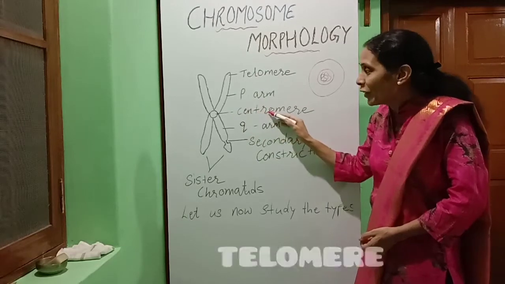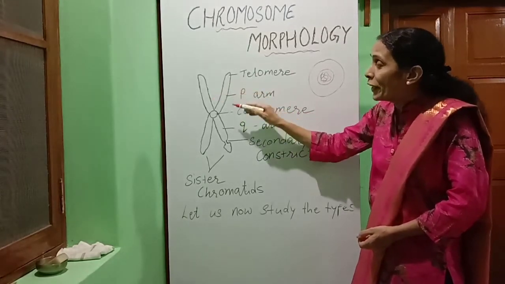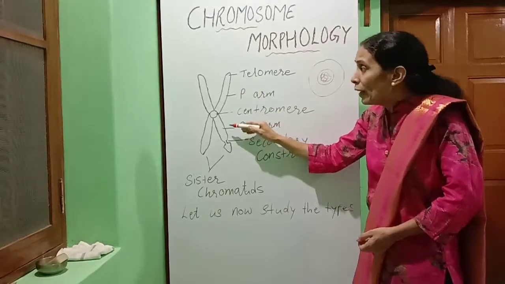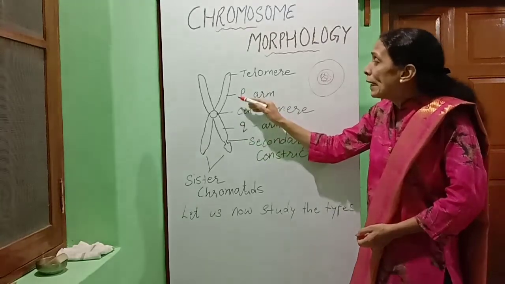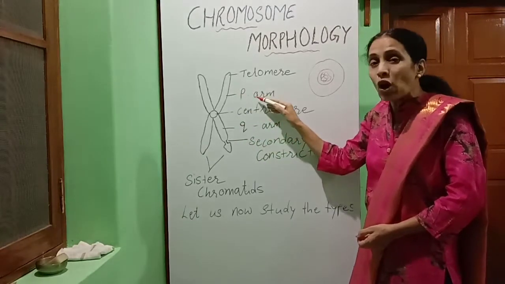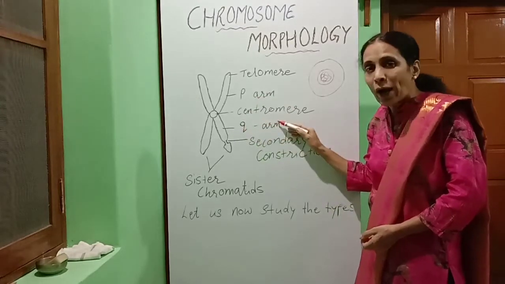Because of the centromere, the chromosome is divided into two parts, the upper part and the lower part. Now, the upper part is called the P arm and the lower part the Q arm.